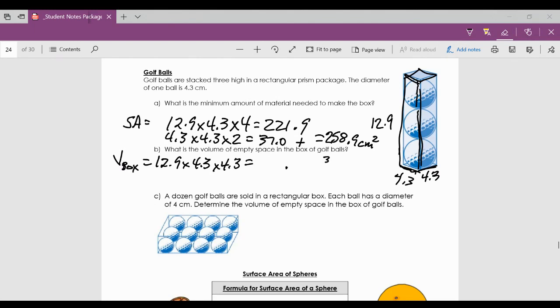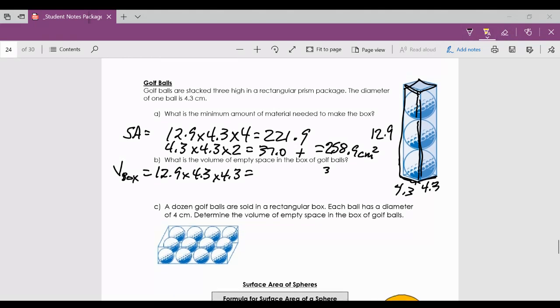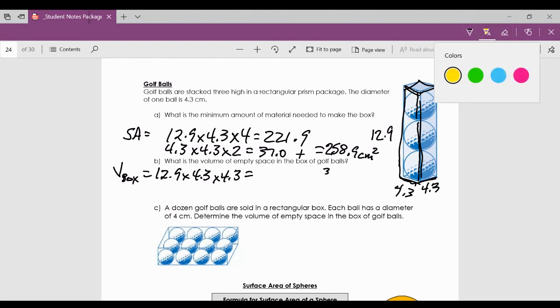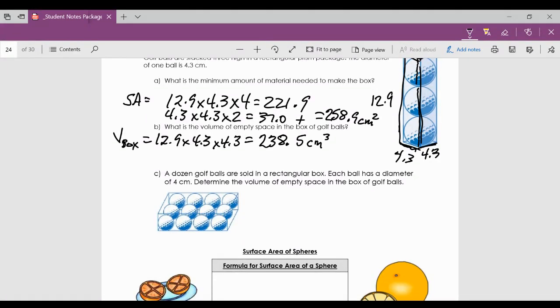Let's try writing that again. 238.5 centimeters cubed. There. Okay, now the volume of one of the balls. The volume of a golf ball. And we're going to use the formula, 4/3 pi r cubed. 4/3 pi.